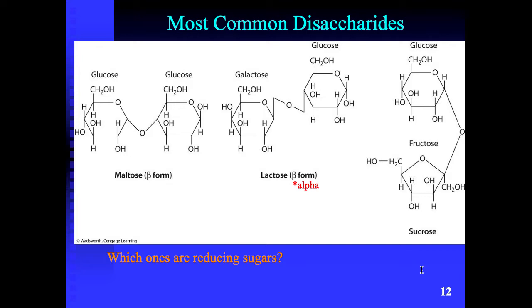Alpha 1, beta 2, glucose, fructose. Probably the most common way to name that glycosidic bond is sucrose. Is it a reducing sugar? No, because both anomeric carbons are in that bond.